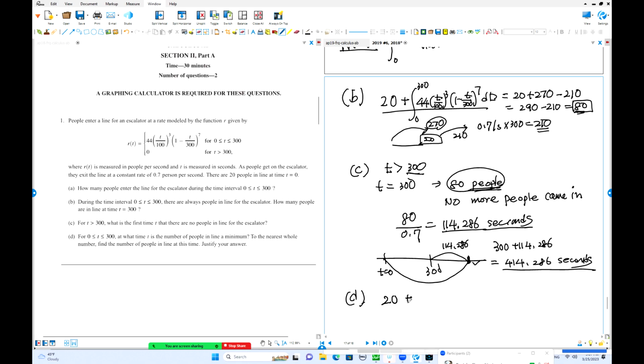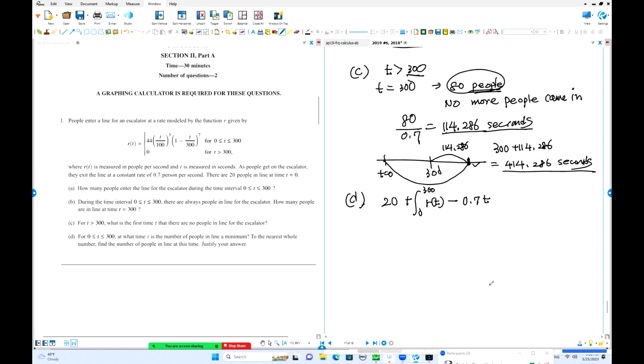Just before we have this one, okay? 20 plus from 0 to 300. I'm going to use the RT, okay? RT is this one. And the minus, this is out every time, okay? 0.7t is out. It's okay? So this is not 300, okay? And sometimes T, we replace this as a times T. That's a little hard, okay?